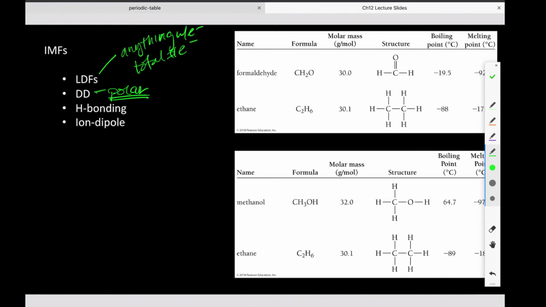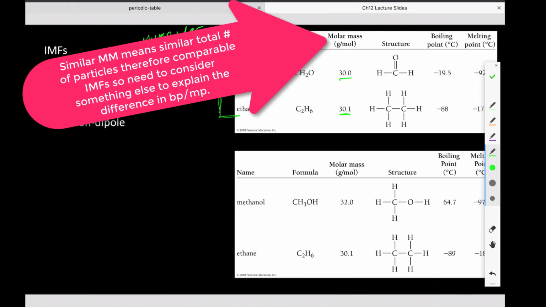So then something that has dipole-dipole forces is probably going to have stronger forces of attraction than something with just LDFs if they are comparable in size, okay? Which then brings us to this example from your book, right? So they give you the molar masses, so that way it shows you that, oh yes, these are comparable in size, but we see that the boiling point of this molecule is much higher, right?